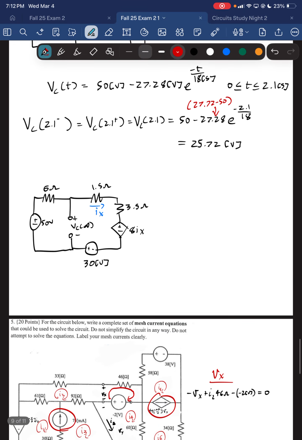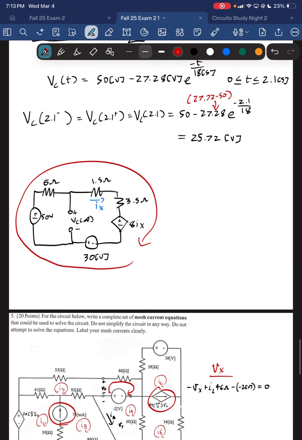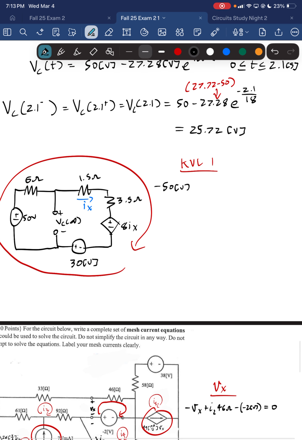So let's see what that would look like. Let's take this to be our first KVL. Starting from the bottom left, minus 50 volts, because we enter the negative terminal first. And then it's going to be plus Ix times all these resistors in series. So 6 plus 1.5 plus 3.5.